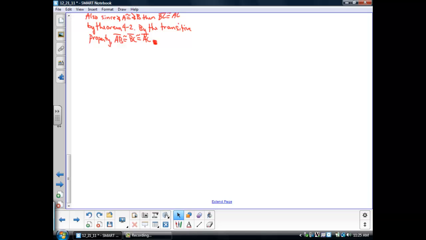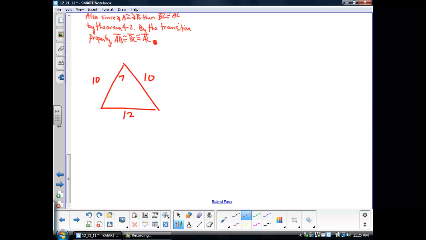If you look at page 137 in the book, what we have is a triangle with sides of 10 and 10 and 12. You have a 74-degree angle and an x, and you want to know what is x. Well, first off, is this triangle isosceles?